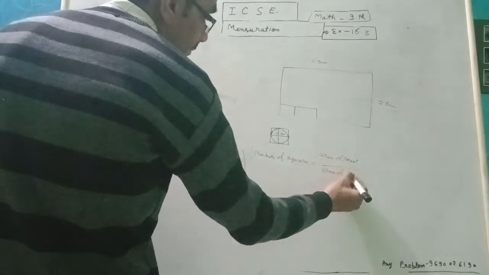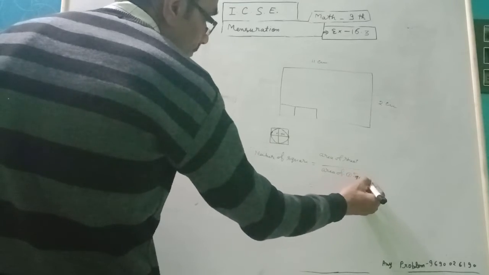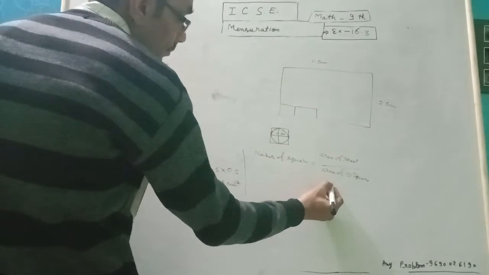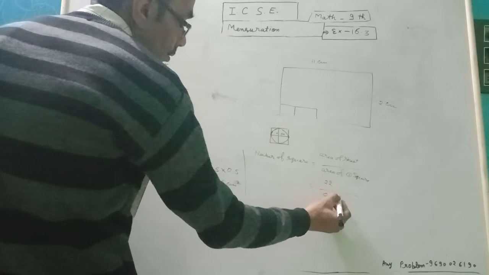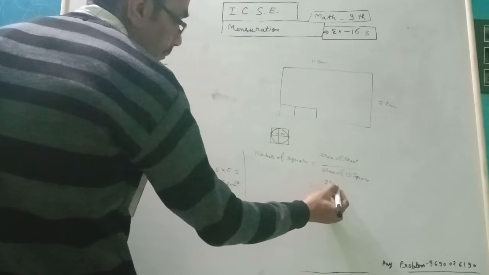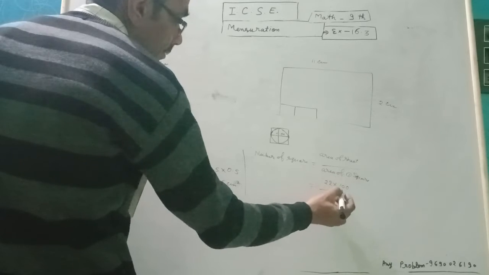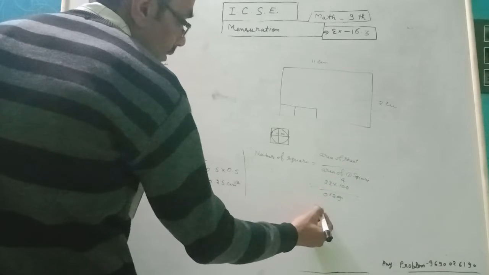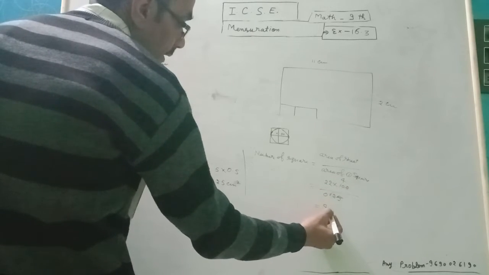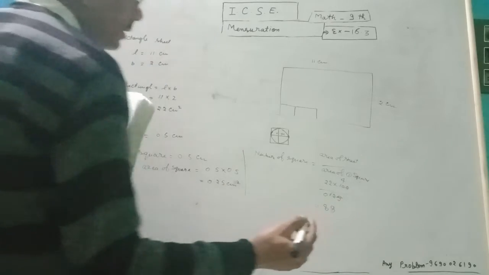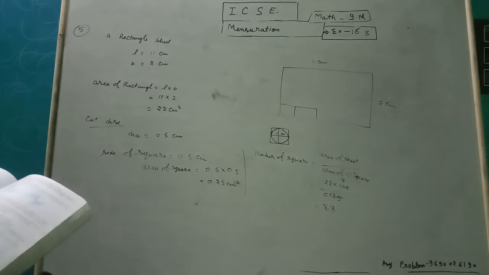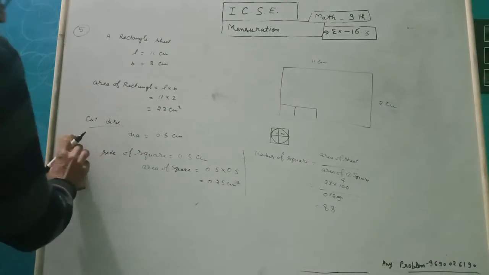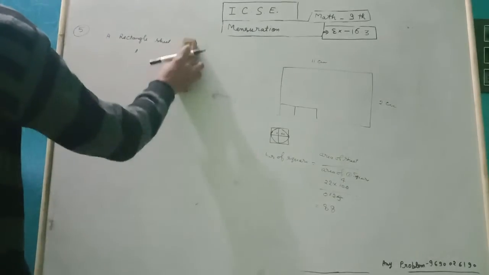Area of one square is 0.25. 22 upon 0.25 gives 88. 88 discs will be cut from the rectangular sheet.